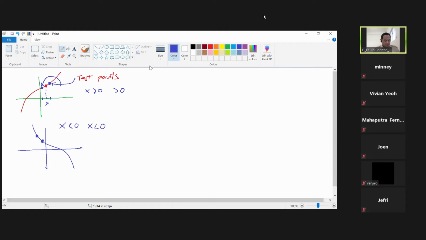If f prime is greater than 0 for all values of the interval, then it is going to be an increasing function. And if you look at y prime again, or f prime of x, and it is less than 0 in a certain interval, then it is a decreasing function. So, increasing and decreasing function.